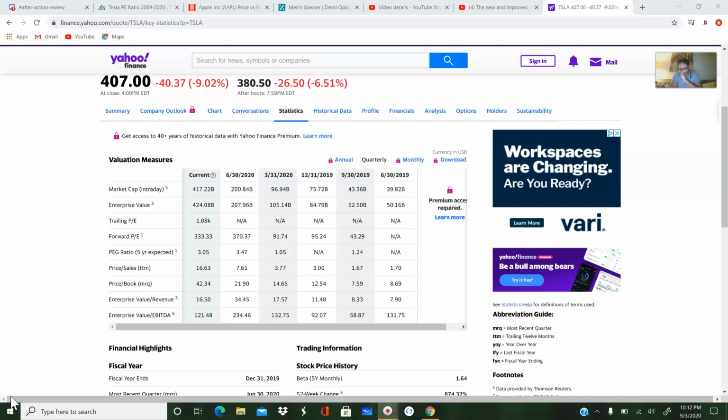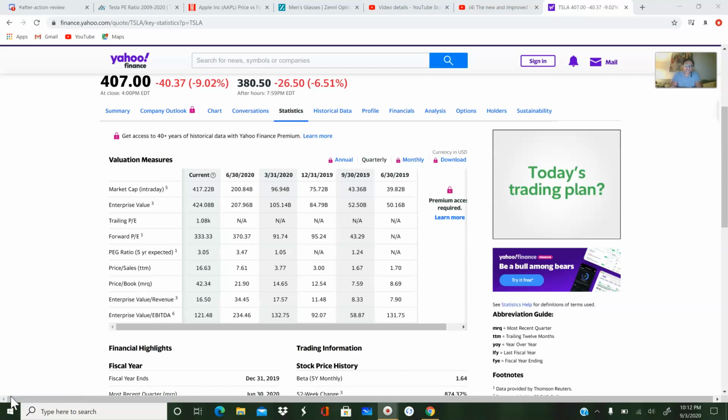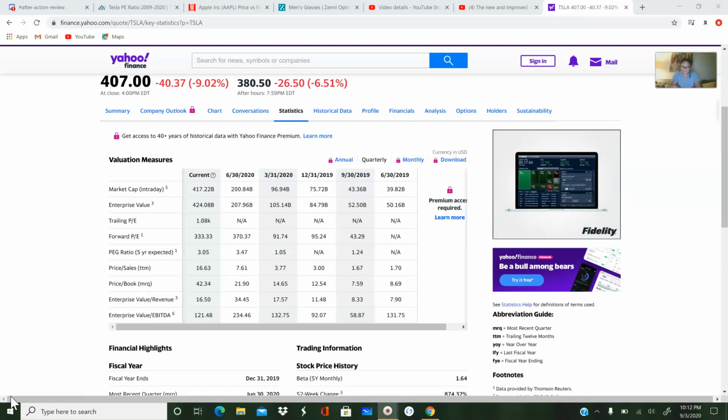PE ratio is a very popular and widely used metric that analysts use to determine the relative expense of a company, whether it be overvalued or undervalued. To put it simply, it's just a ratio of the company's share price to the earnings per share.